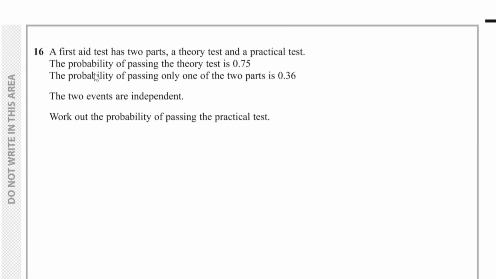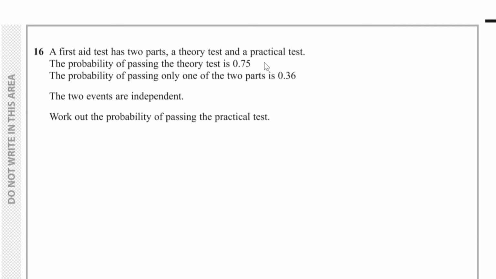Question number 16. A first aid test has 2 parts, a theory test and a practical test. The probability of passing the theory test is 0.75. The probability of passing only one of the 2 parts is 0.36. The 2 events are independent. We have to work out the probability of passing the practical test.